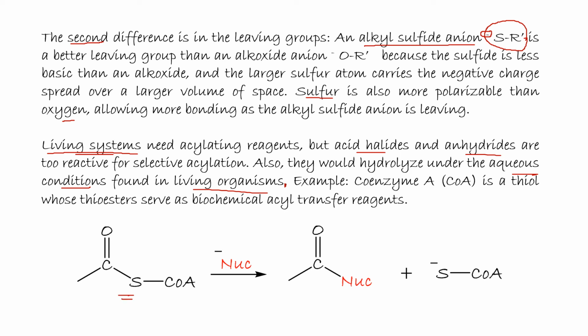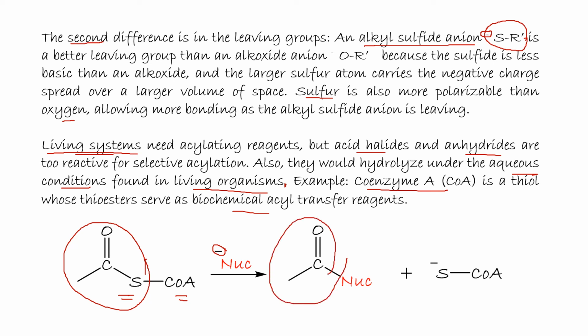As an example, coenzyme A is a thiol whose thioesters serve as biochemical acyl transfer agents. Here is the thioester of coenzyme A; nucleophiles attack via a nucleophilic acyl substitution reaction, acyl transfer, and we get S minus coenzyme A.